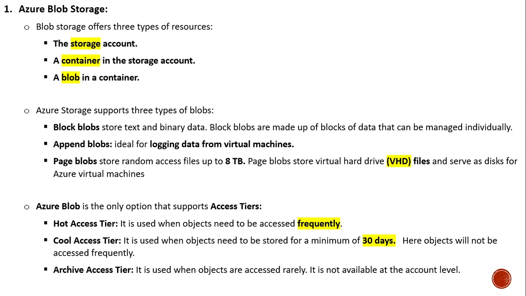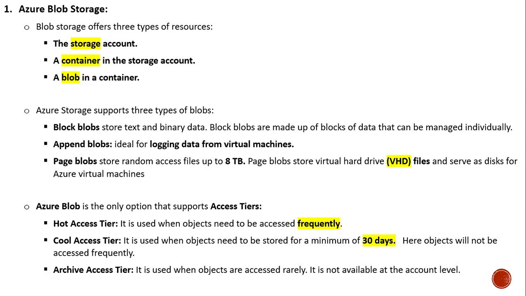Then we have append blobs, which are ideal for logging data from virtual machines, and the page blobs, which store random access files up to 8 TB. Page blobs are also used as disks for virtual machines. So these three types are there as a part of Azure storage.